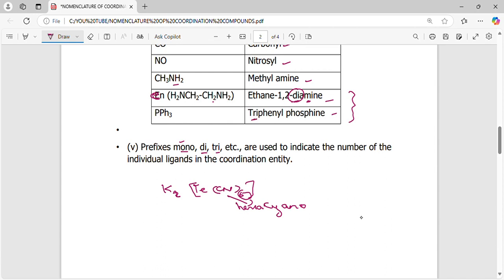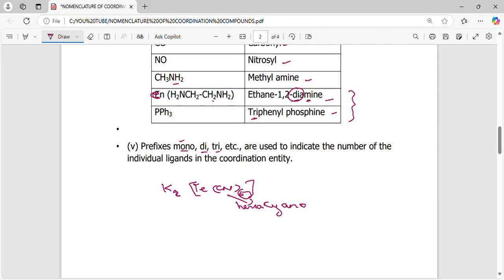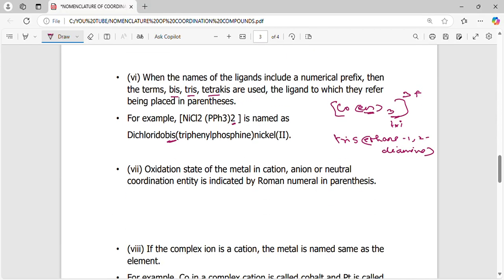Only in these two are words like di and tri there in the name of the ligand itself. So when you write the names of these two only, you should be a little more careful about this kind of words. So I have talked about all the names of the ligands, including the prefix, alphabetic order, anionic ligands, neutral ligands, all those.